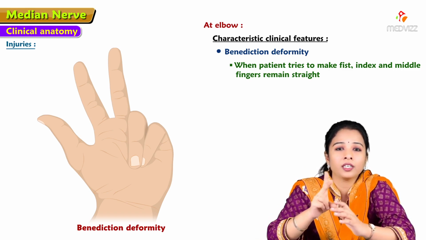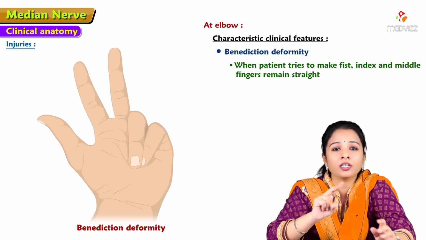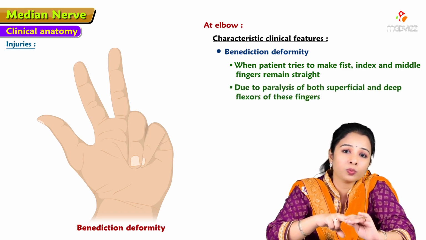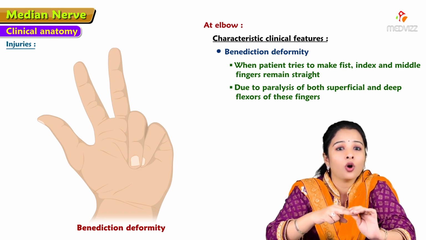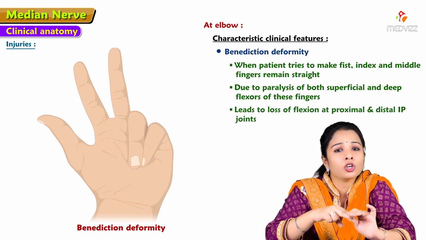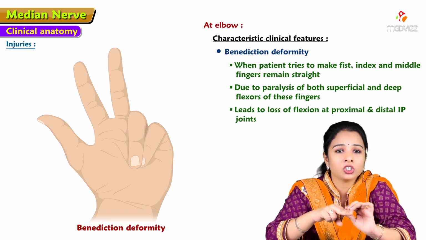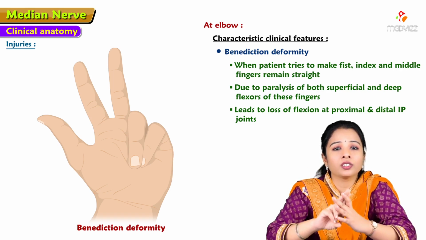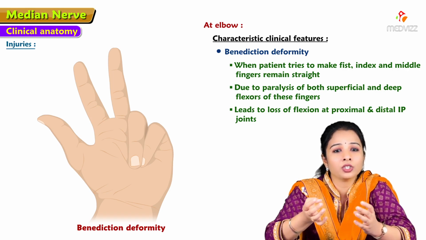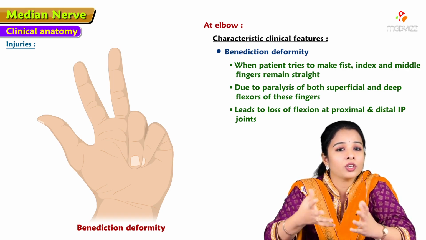If he tries to make a fist, the index and the middle fingers remain straight due to the paralysis of both superficial and deep flexors of these fingers, leading to the loss of flexion at the proximal interphalangeal joints and distal interphalangeal joints. So when you ask the patient to make a fist, he won't be able to.